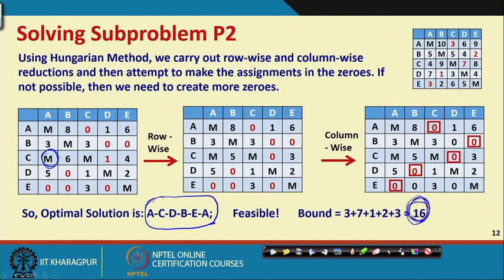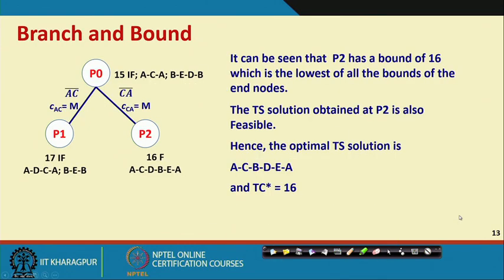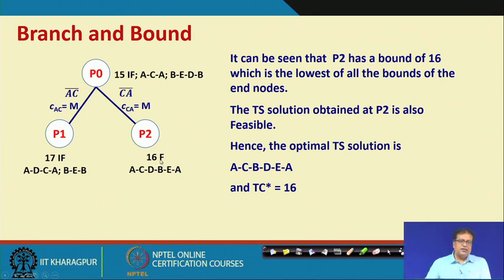So, for sub problem P2, if we now put both of these into one place, then we see that the P0 had a value of 15, P1 a value of 17 but infeasible, and P2 is feasible and the value is 16. So, what we have to do, just carefully look at all the branches.